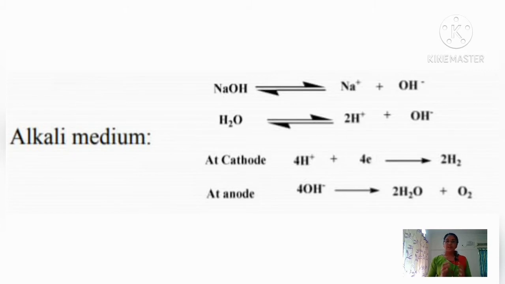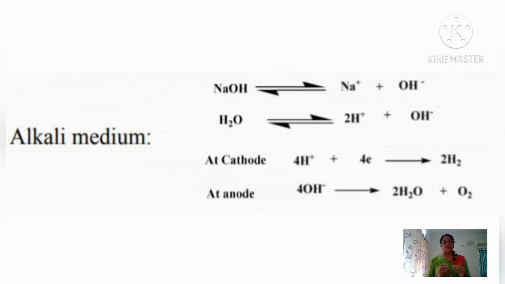Similarly, if we are carrying out the electrolysis of water in the presence of alkali medium, suppose we are taking potassium hydroxide in water and passing electric current, potassium hydroxide also has a tendency to undergo dissociation to give K+ as well as the OH- ion. Similarly, water also undergoes dissociation to give H+ and OH- ion. So here two cations are produced, that is K+ and H+.